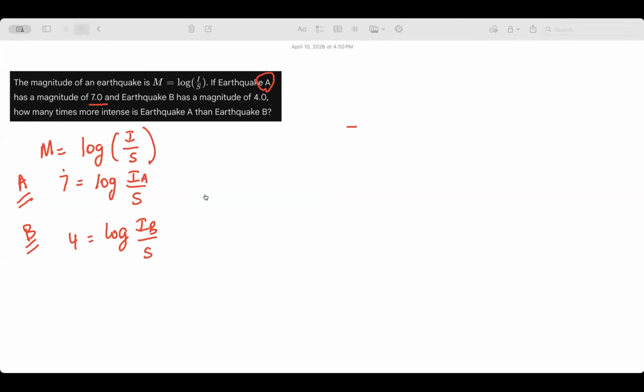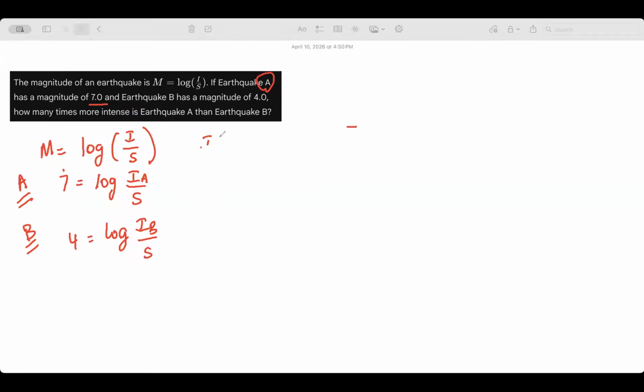S is the reference intensity. I just wanted to make sure what S is.